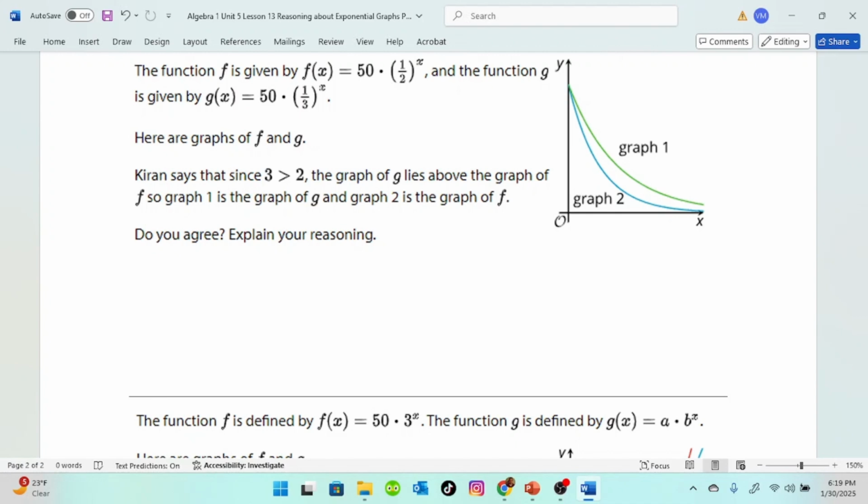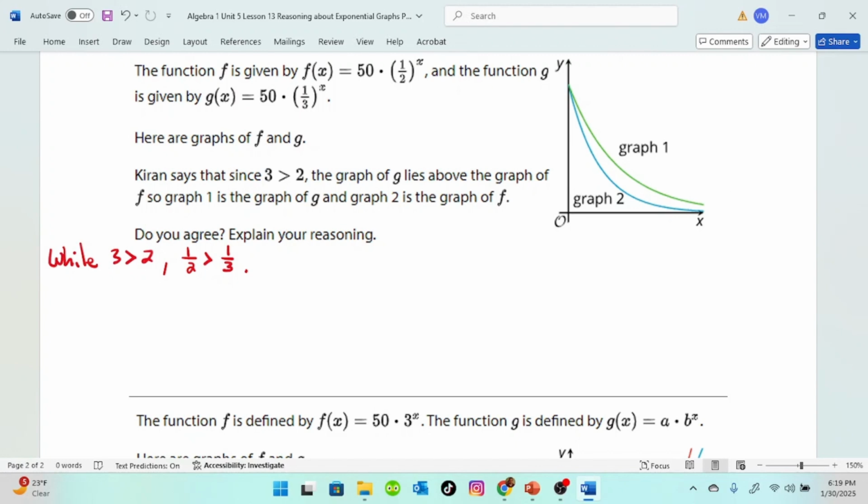So what I would say is that while 3 is greater than 2, 1/2 is greater than 1/3. The growth factors here are not 2 and 3. The growth factors here are 1/2 and 1/3.